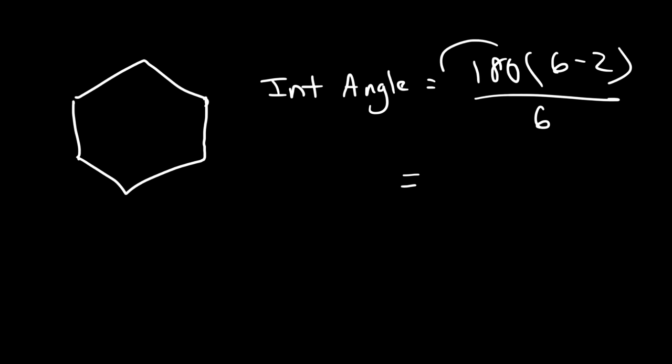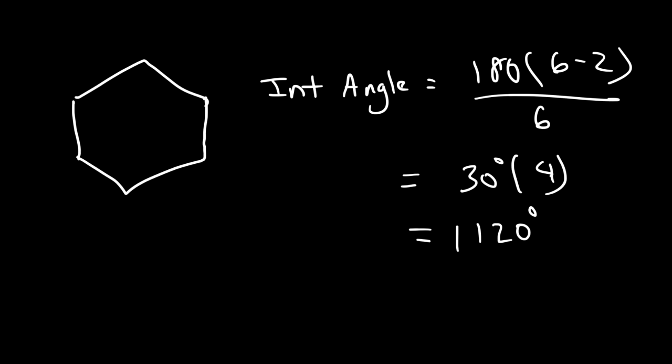So first we could do 180 divided by 6 if you want to. 180 divided by 6 is 30, and then 6 minus 2 is 4. Now 3 times 4 is 12, so 30 times 4 is 120. We just have to add the 0. So that's the measure of each interior angle of a regular hexagon.